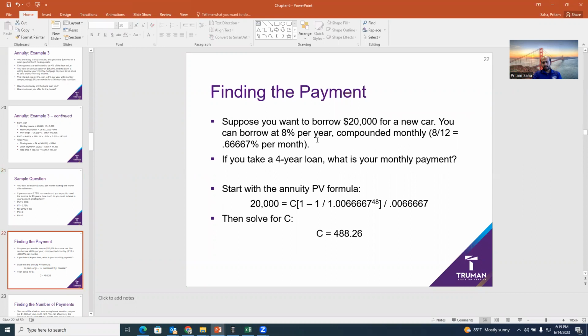Okay. So suppose you want to borrow 20,000 for a new car. You can borrow at 8% per year, compounded monthly. That means the appropriate rate is this much. A 4-year loan with monthly payments means 4 times 12, 48 periods. What is your monthly payment? Just plug in the information.